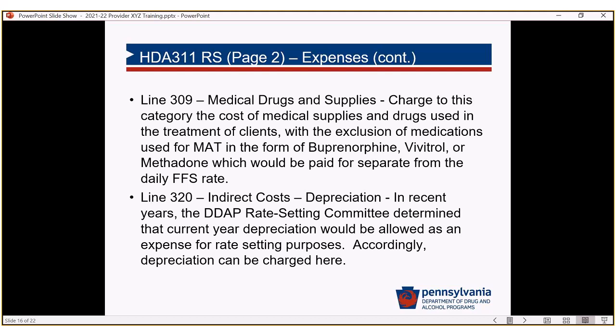Depreciation is when we buy capital fixed assets, we can't charge off the cost of those fixed assets because they're capitalized on your balance sheet. But to allow the provider to expense those items over time, we decided that we would allow for depreciation to be captured. Since depreciation isn't a direct expense, but rather an indirect expense, we built in an additional line to 320 called indirect cost depreciation.